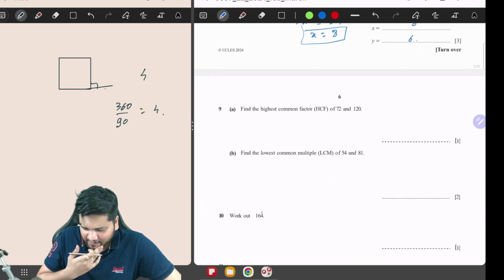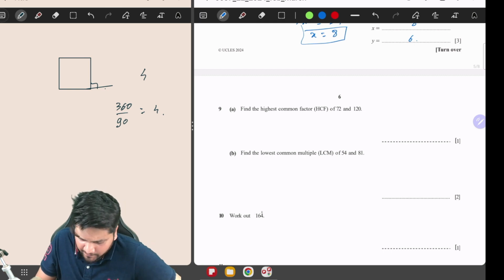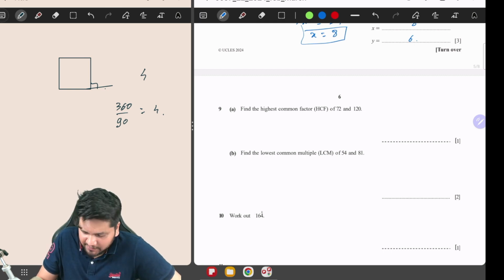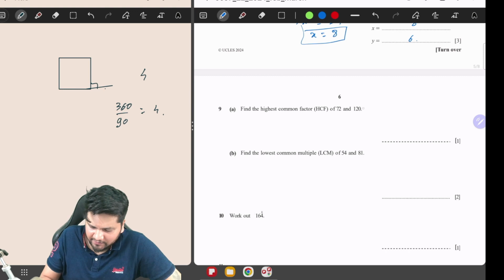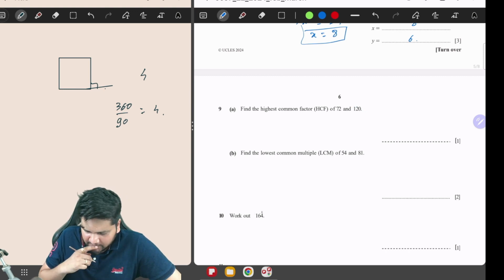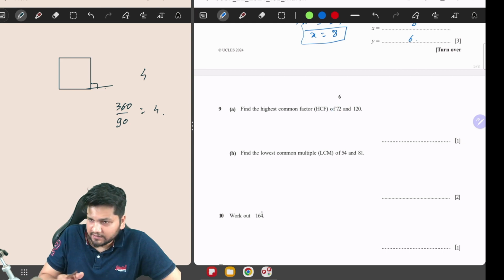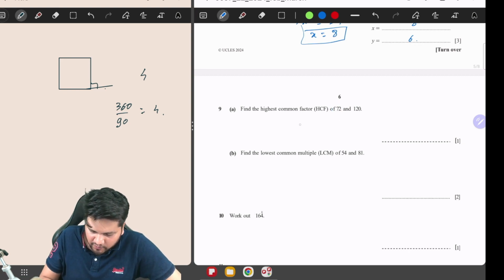Find the highest common factor of 72 and 120. One marker question, direct answer we need. So I'll just do the trial and error method. I'll just find out the factors. It's easy to factorize this 120. I think 12 is one of the things I can think of, because 12 is common to both. So 12 into 6, and this is 12 into 10.